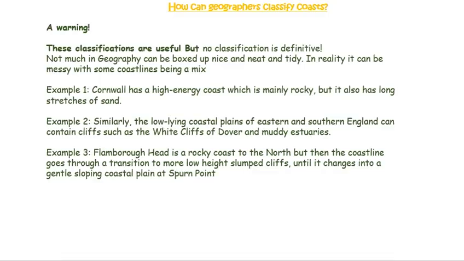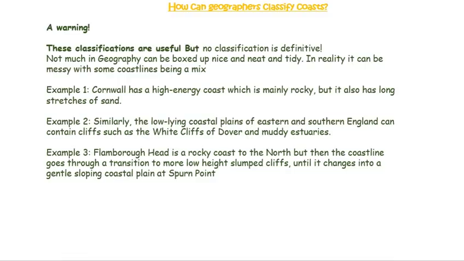They let us think about which inputs are happening, how processes then affect outputs, and they give us a framework for looking at different factors that result in different coastal environments.